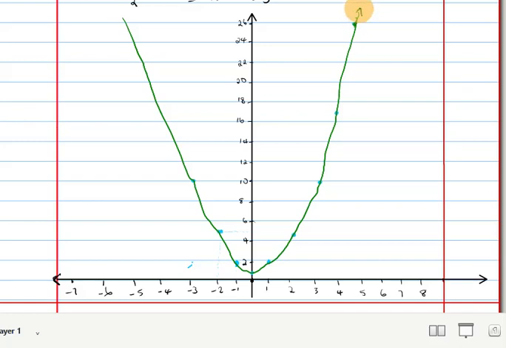Start from negative infinity to positive infinity. The values of x start from negative infinity to positive infinity, but the values of y include all the values from this one moving upward. All the values less than this one are not part of the function.